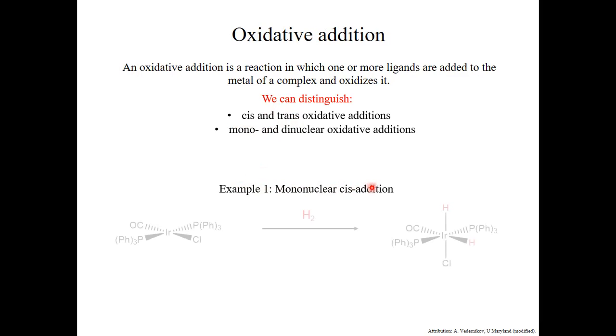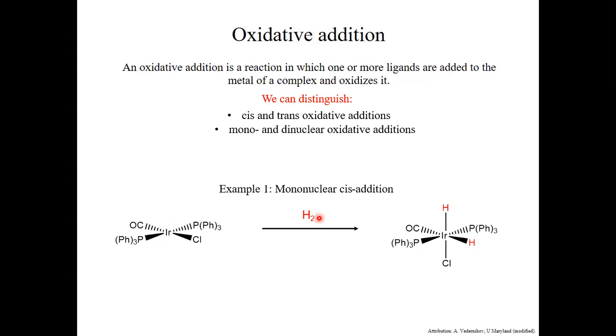So let us look at first at the mononuclear cis addition. Here's a reaction that is such a mononuclear cis addition. You see here a chlorobis(triphenylphosphine)carbonyl iridium complex. This is a square planar complex because here the iridium has the oxidation number +1.